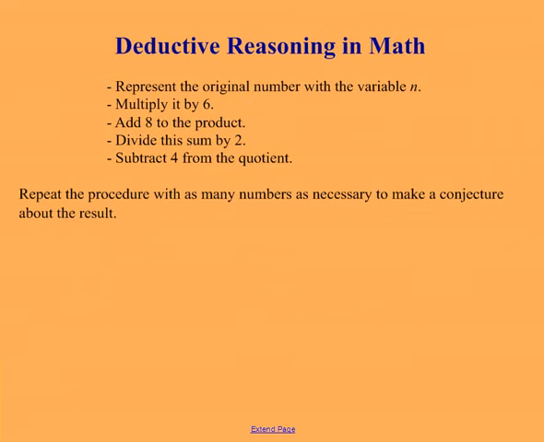All right, now we're going to use deductive reasoning. Notice that we're using the same process here, but what has changed is this very first step. Instead of using a number, we're going to use the variable n. Now remember that in algebra, a variable can stand for any number. That is a fact.